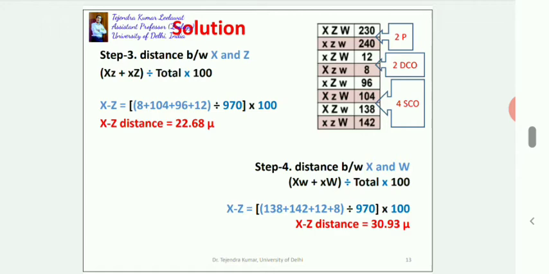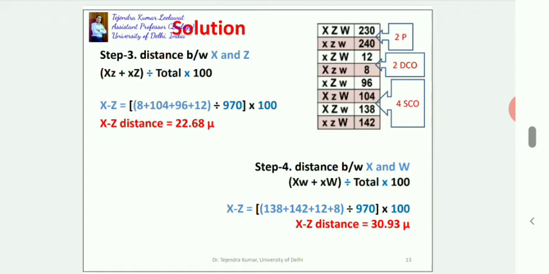So you have to total all these sequences which are showing a difference, like small x capital Z and capital X small z. Add all these sequences, divide by the total and multiply by 100, and you will get the result.